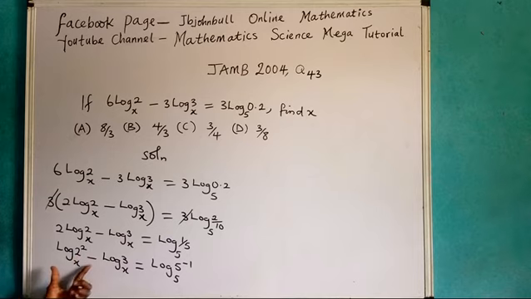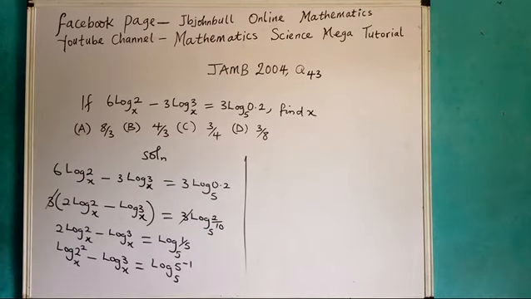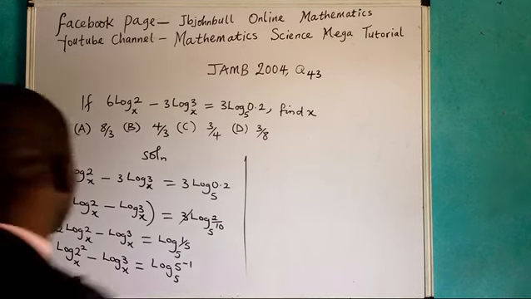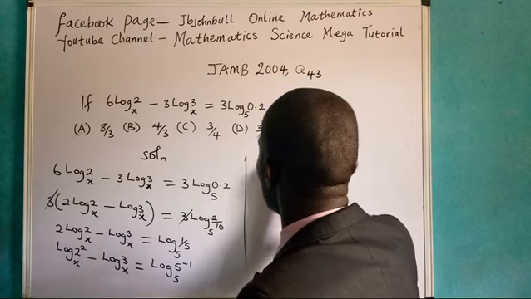Remember there is subtraction, so we can apply the law of subtraction, which gives division. For the first term, 2 squared gives us 4.